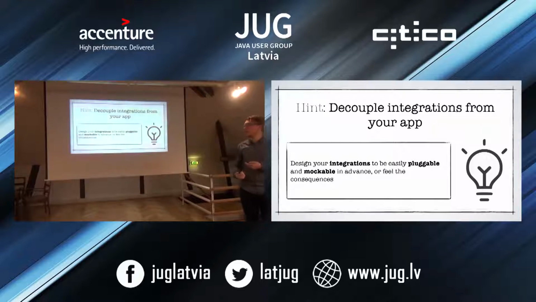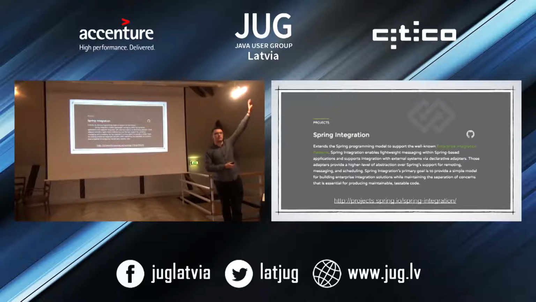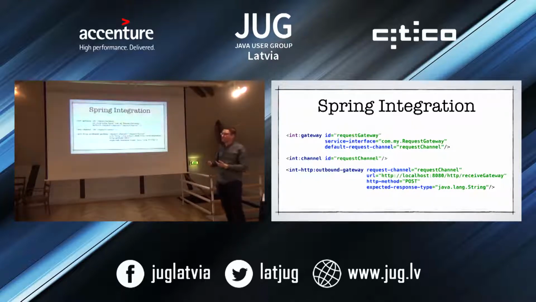What do I mean? For example, there is a project called Spring Integration. Who has used it? Okay, great. So Spring Integration allows you to configure all your integrations in interfaces. So what do we do here?